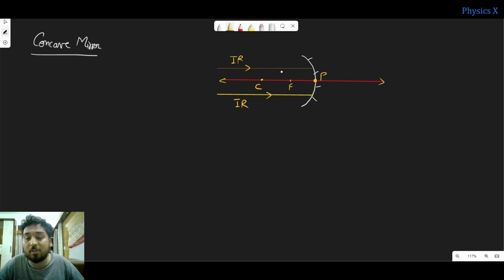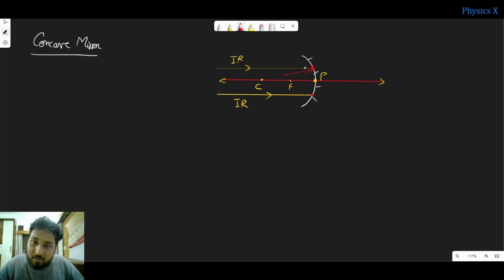In concave mirrors, when these rays are parallel to the principal axis, they will follow the laws of reflection. Obviously this is your point of incidence, these red points. Here you will follow the laws of reflection, and I told you that you will draw the normal. So this is your surface, and the normal will be somewhere like this.